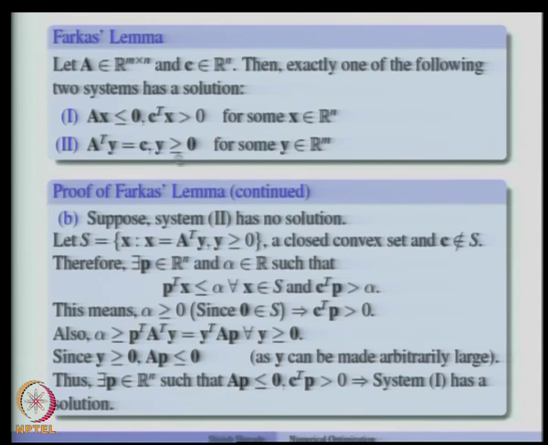So, either of these two things happen. If you are given a matrix A, one can treat the rows of the matrix A as the vectors A1 to Am, and the vector C in Rn.